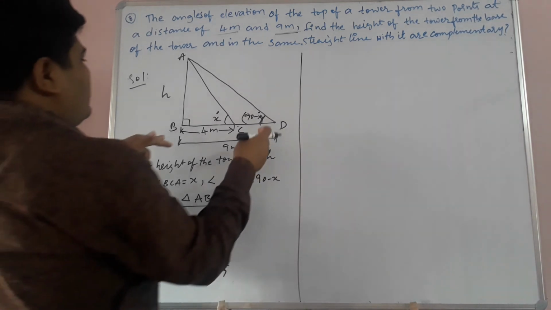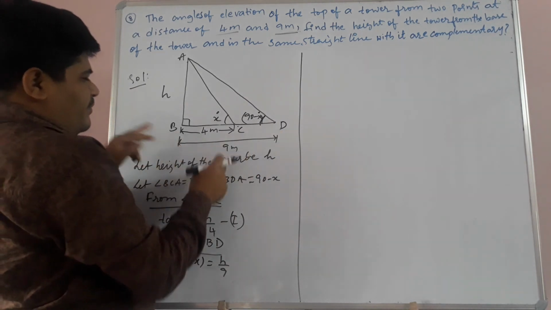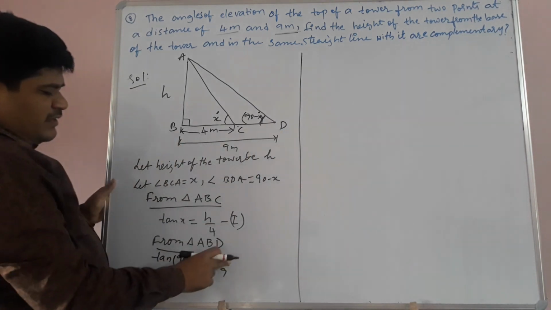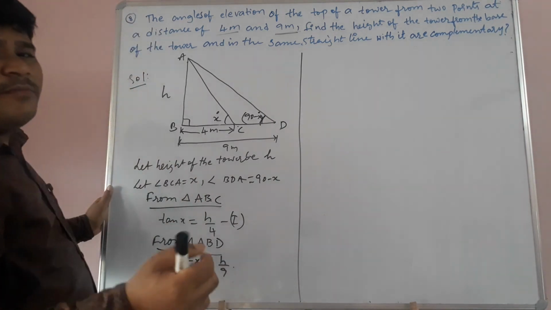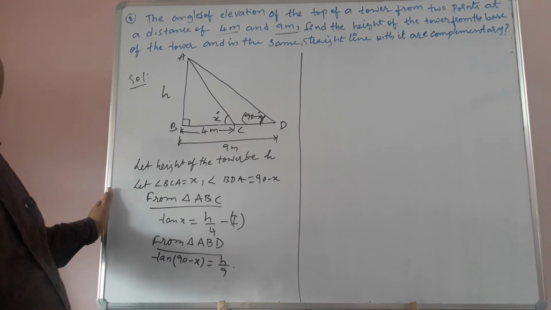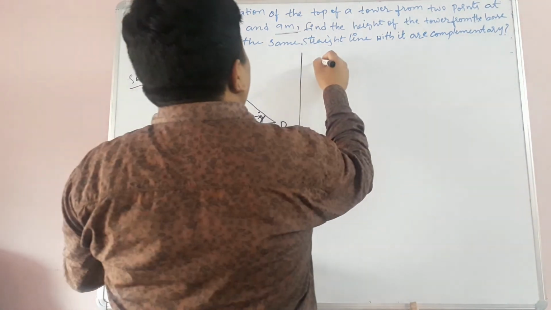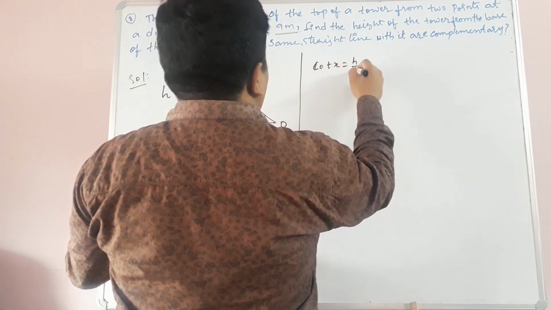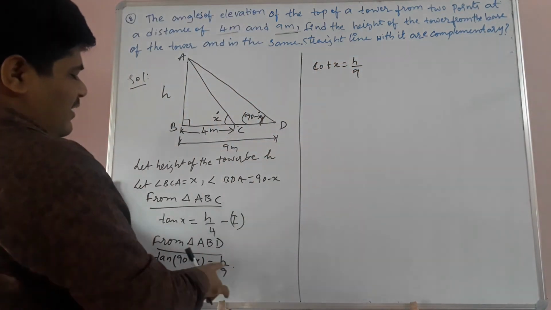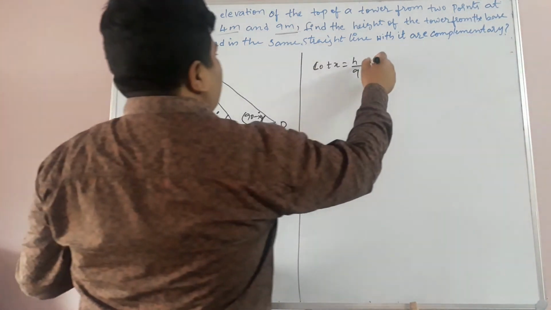And what is tan of 90 minus theta? Tan of 90 minus theta is cot theta, right? So tan of 90 minus x can be written as cot x, and cot x is equal to h by 9. Take this as equation 2.